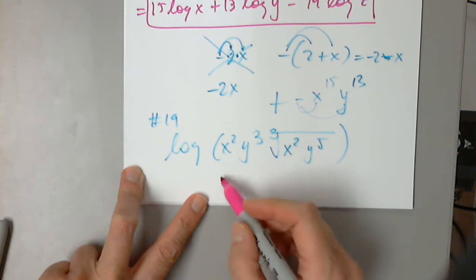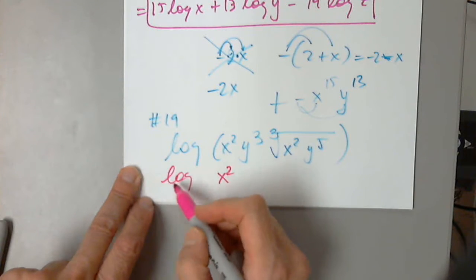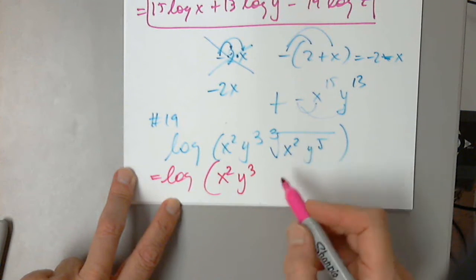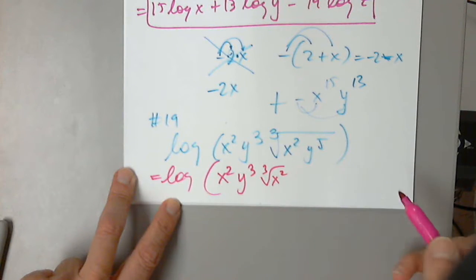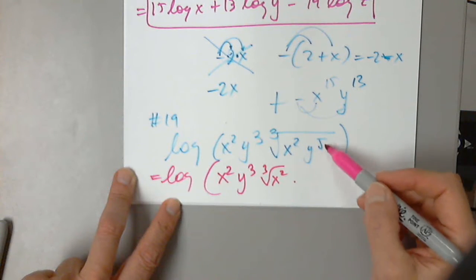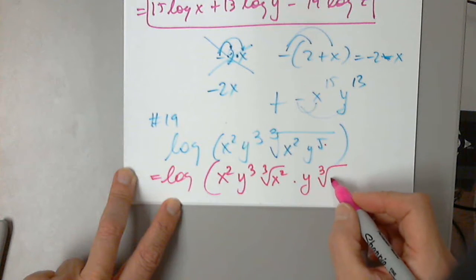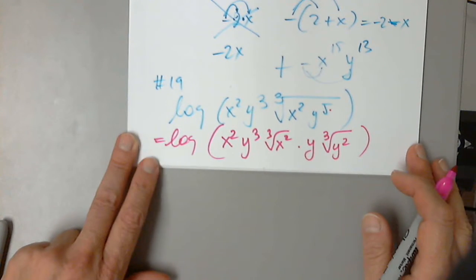So I will change the inside. I will keep the cube root of x squared because there is nothing I can do to that. But I will take the integers out from here. So I will have y and the cube root of y squared.